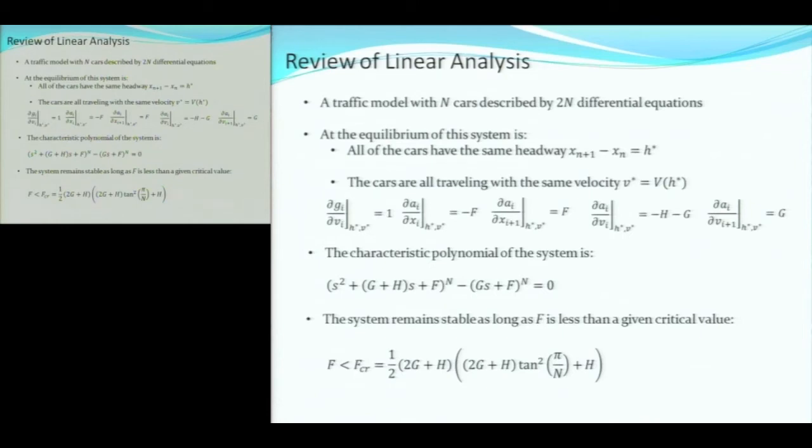A good way to analyze a linear system would first be to write the characteristic polynomial or characteristic equation of it, which will give us the eigenvalues of the system for given parameters, or in other words, it will dictate its stability. After analyzing this characteristic polynomial, we observed that the equilibrium would be stable as long as f is less than a certain critical value given in terms of g, h and the number of cars.